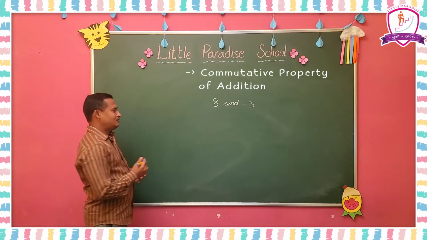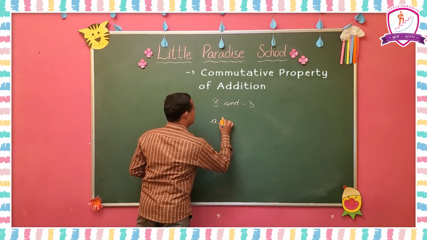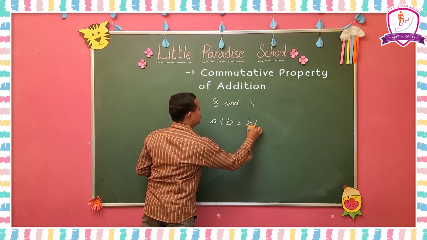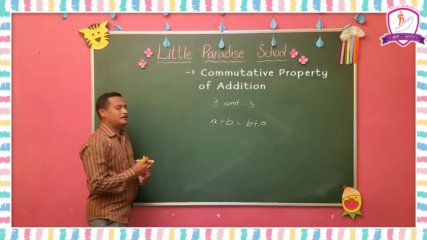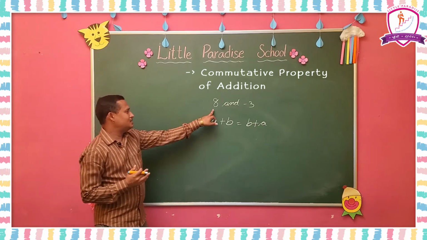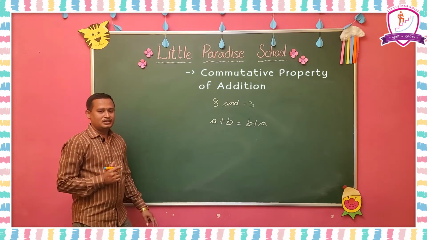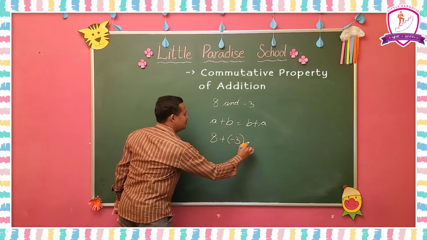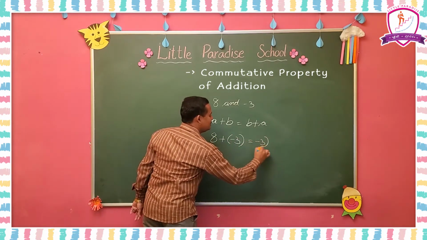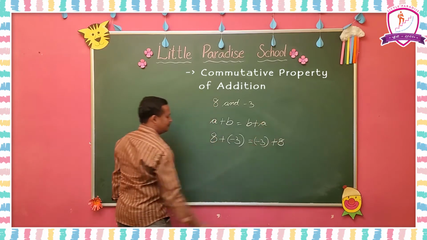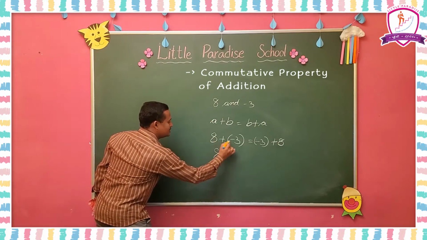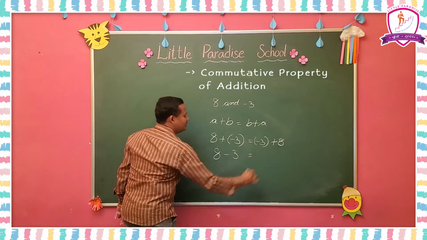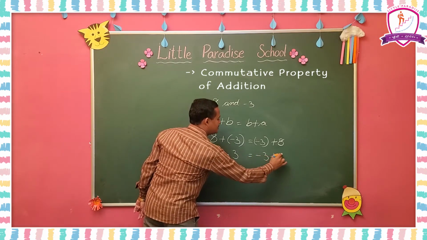a plus b is equal to b plus a. Here a is 8, b is minus 3. So, 8 plus minus 3 is equal to minus 3 plus 8.